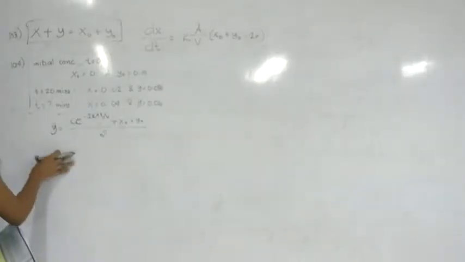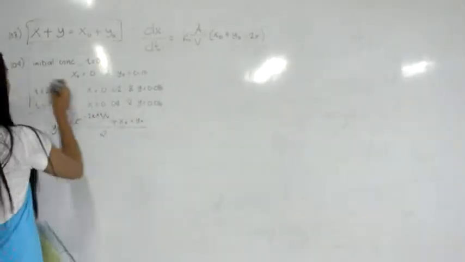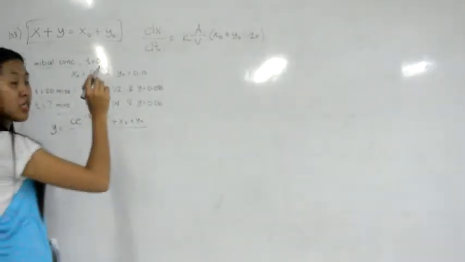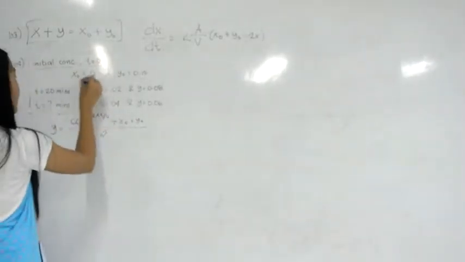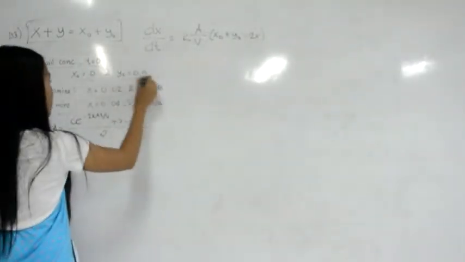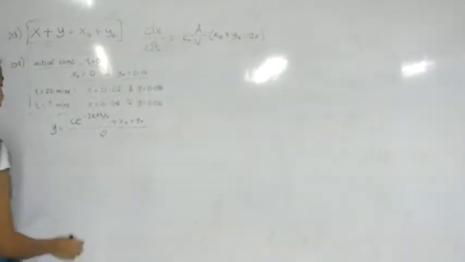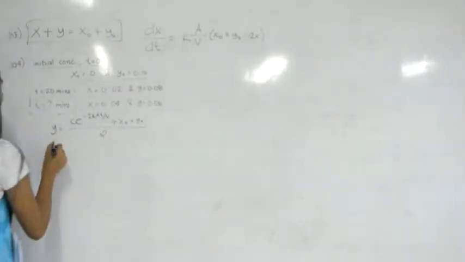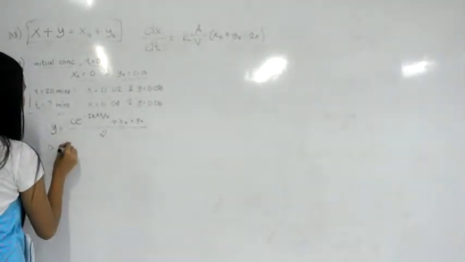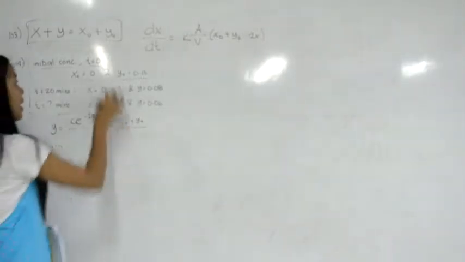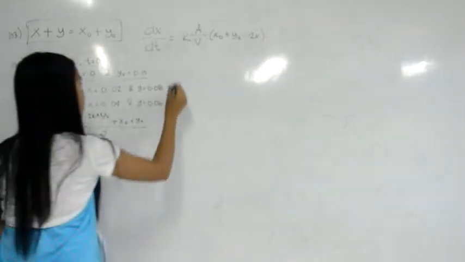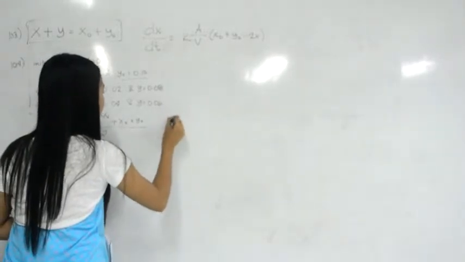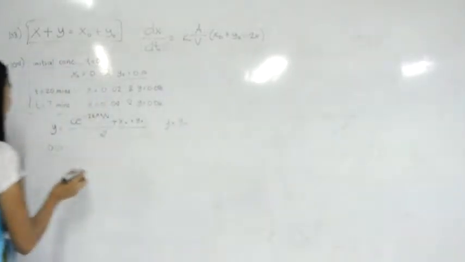Now we will go back to the initial concentrations at time t equal to 0: x sub o is equal to 0, and y sub o is equal to 0.10. Now we're going to substitute this into the equation. By the way, at time t equal to 0, y is just equal to y sub o.